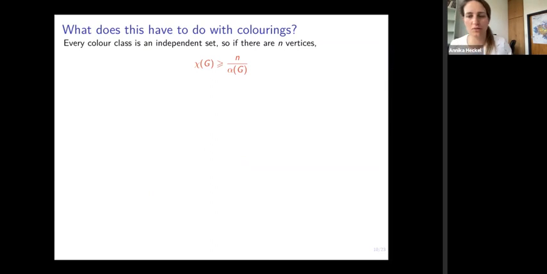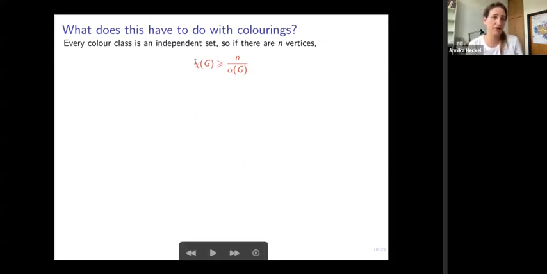I told you that the lower bound in the Bollobás result is easy, and that's because the lower bound we have for the chromatic number is given by a very general lower bound for the chromatic number of any graph. In any graph, the chromatic number is at least n over the independence number.